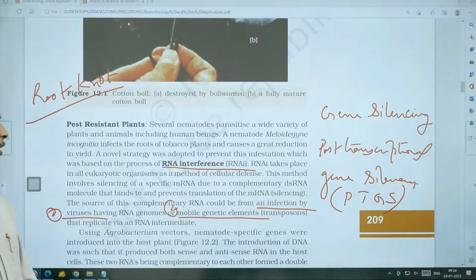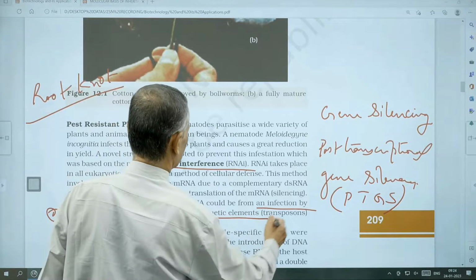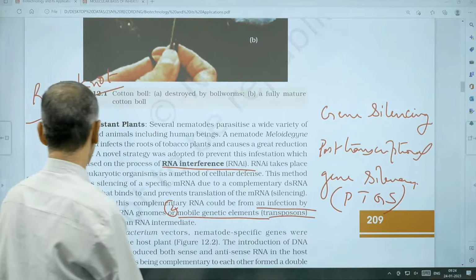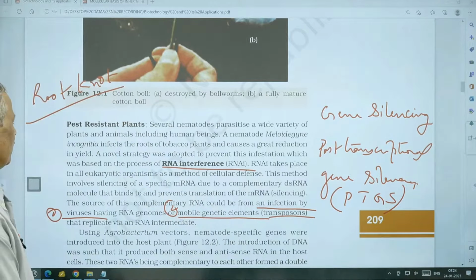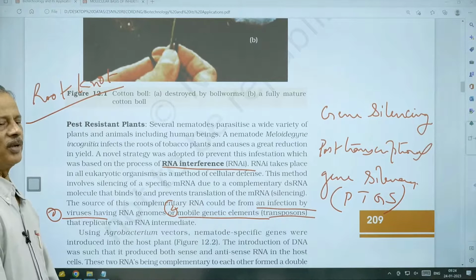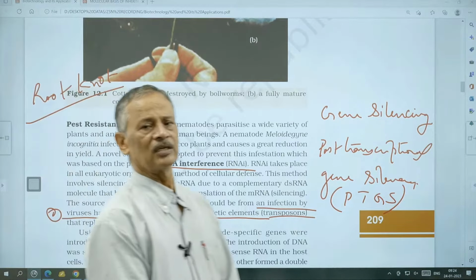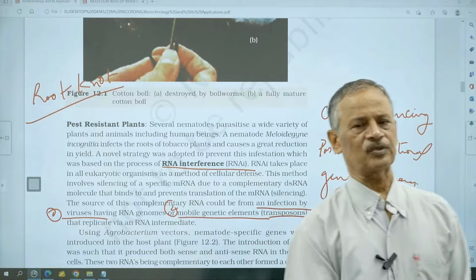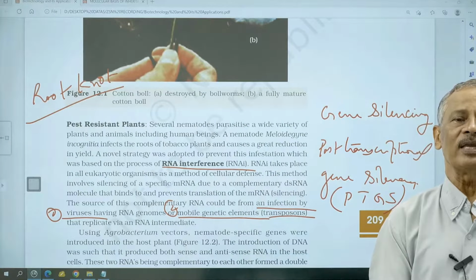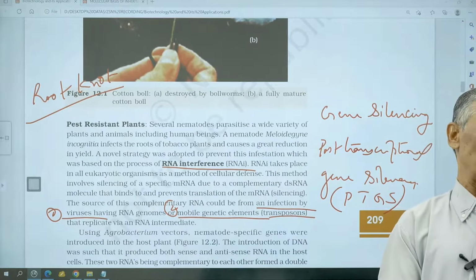So during the transposition of that mobile genetic element, there will be the chance of production of a double-stranded RNA. They are called transposons. They replicate by an RNA intermediate. So we'll be having such conditions in which you will be having a double-stranded RNA produced.